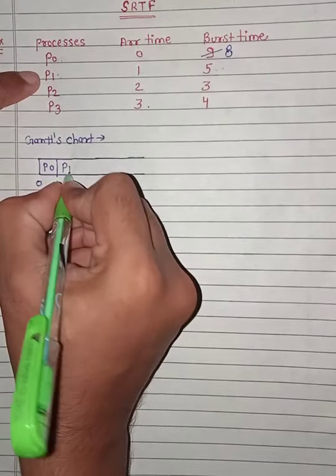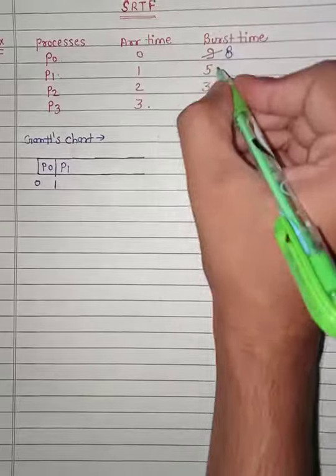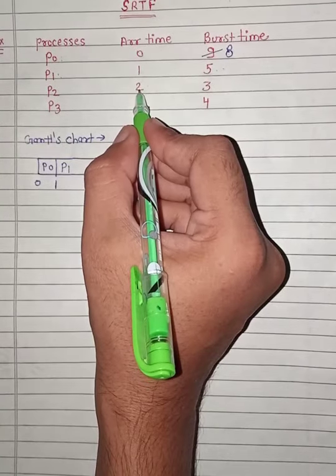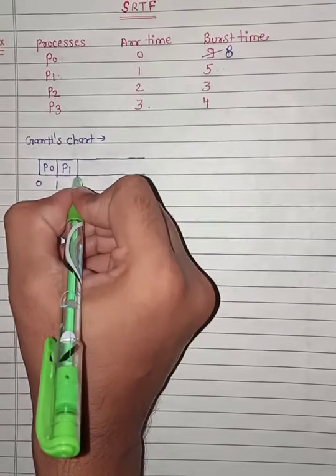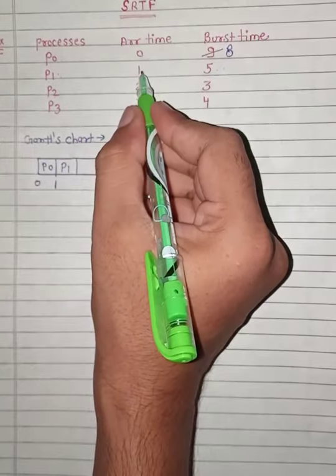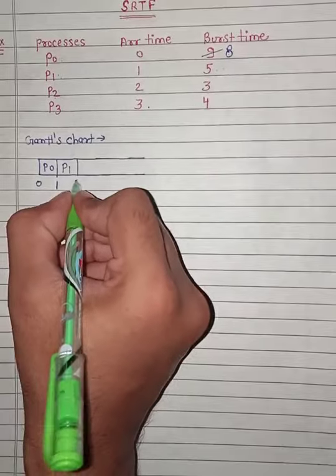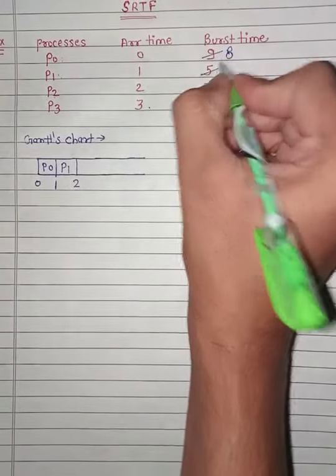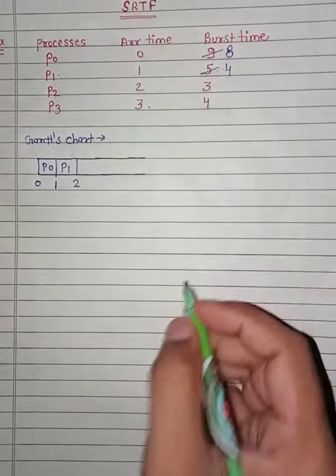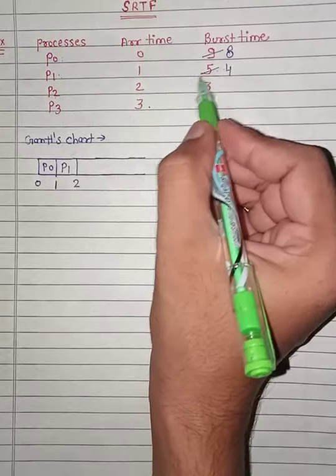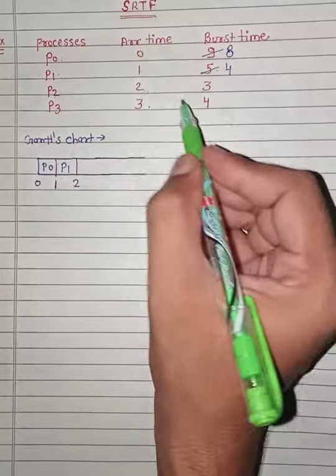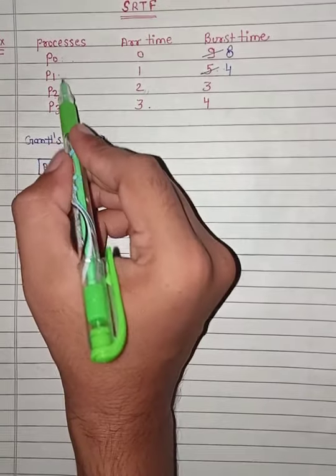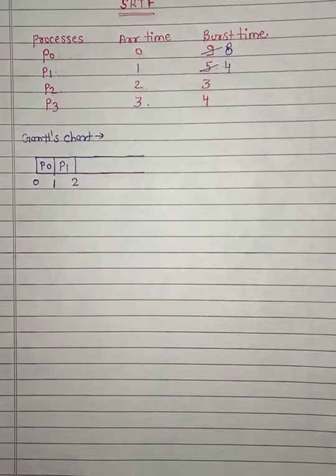So P1 will execute now, and at arrival time 2 process P2 arrives. It will execute for 1 unit of time from 1 to 2 and the remaining is 4 units of time. When the time is 2, the three processes P0, P1 and P2 are in the queue.